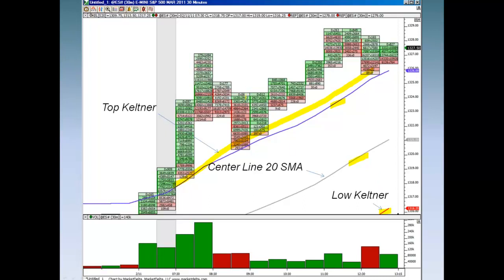So take a look here at what happened when prices dropped to the upper Keltner and then came right back up again. Very strong indication of a directional market. If in fact prices continue to drop inside the Keltner, the next target or support level that you would look at would be that 20 simple moving average. How are they going to react when they meet this level?